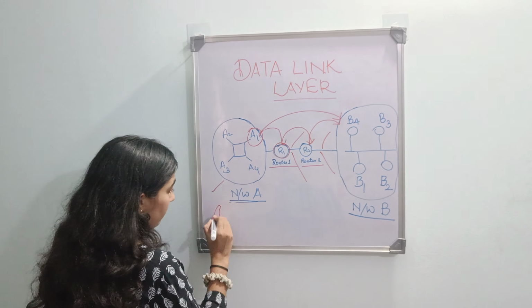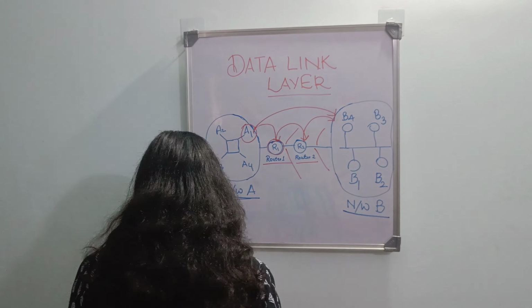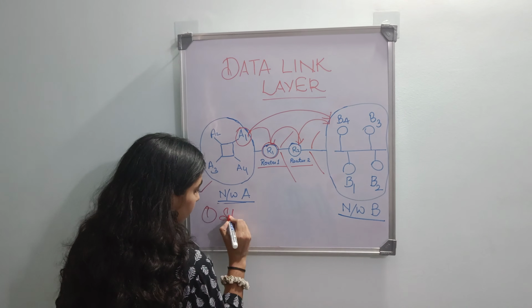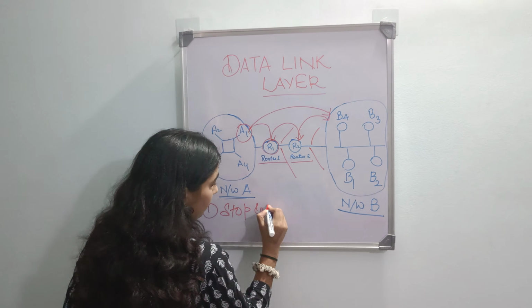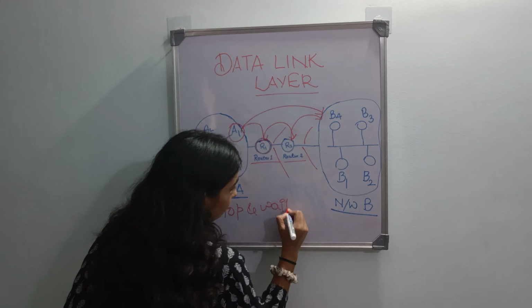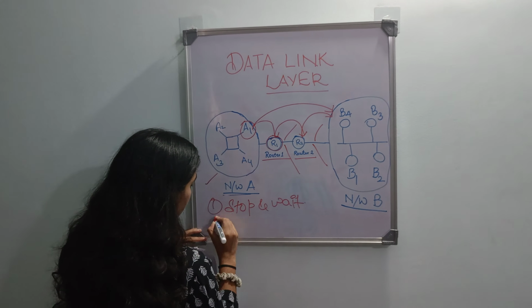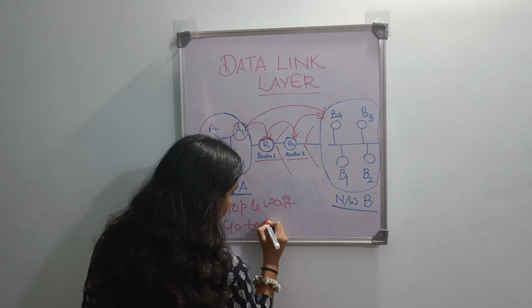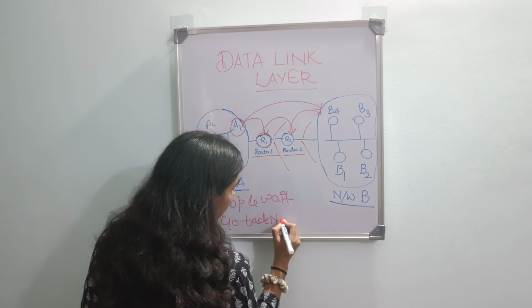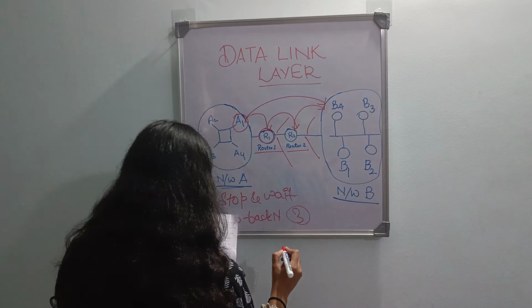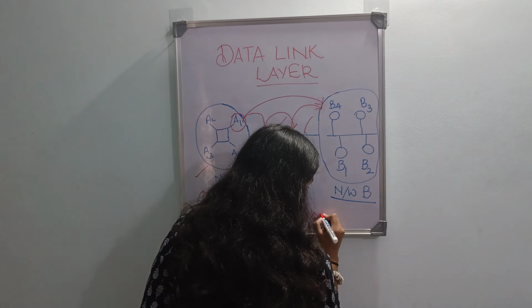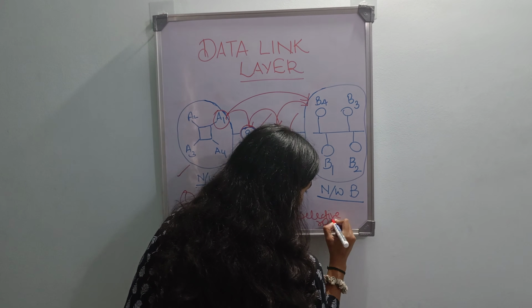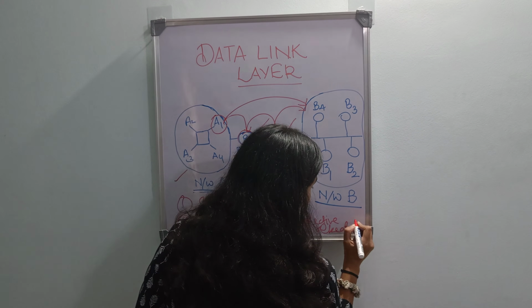The first one is stop and wait protocol. The second one is go back N protocol, and the third one is selective repeat.